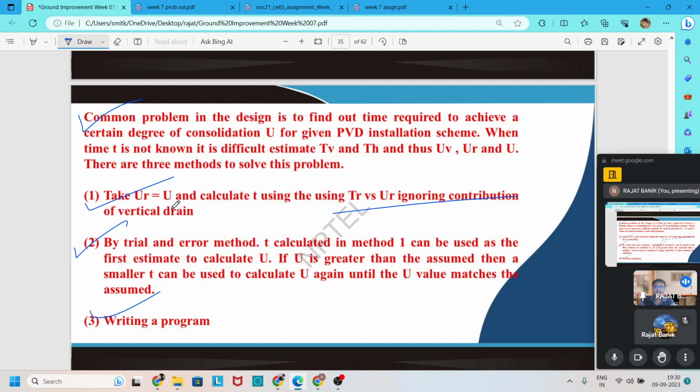So by this iterative way, this trial and error method, we can find out our total degree of consolidation, and also the total time period required for this consolidation technique.